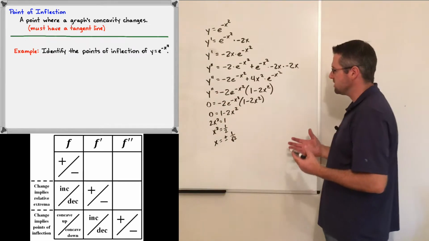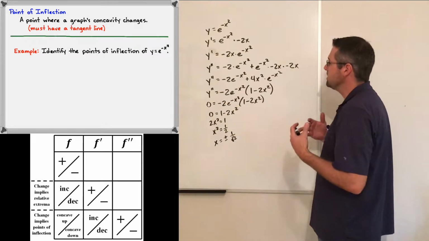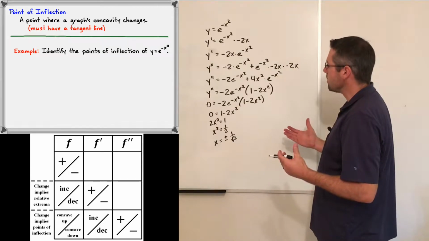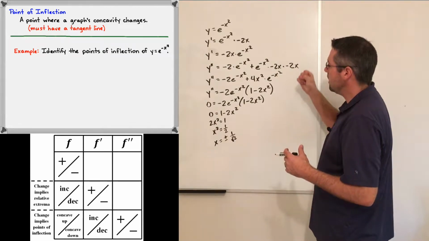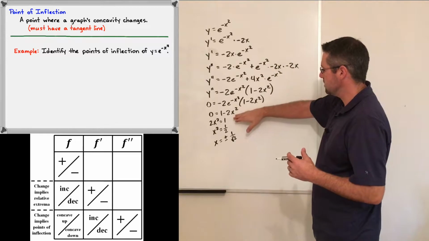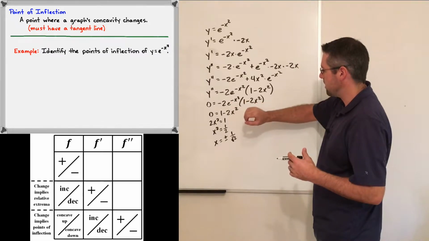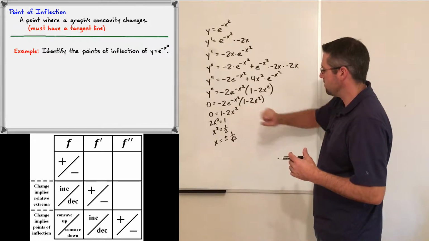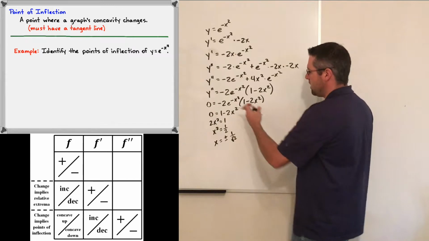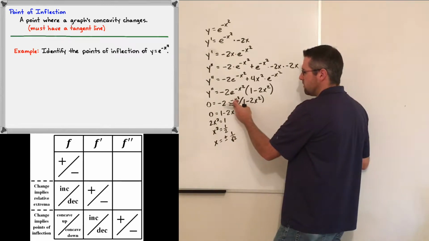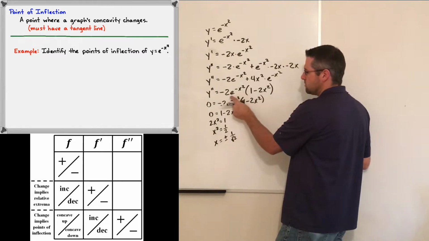And we also have to consider where y double prime does not exist. Well, y double prime does not exist when x is equal to 0, because if x is equal to 0, I take that back. It does exist there. If x equals 0, then e to the 0 is 1.